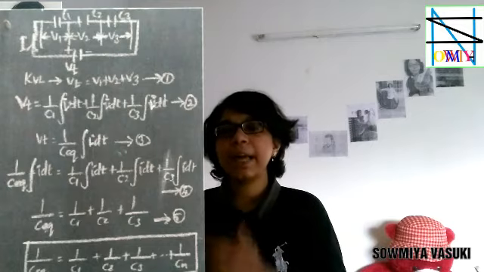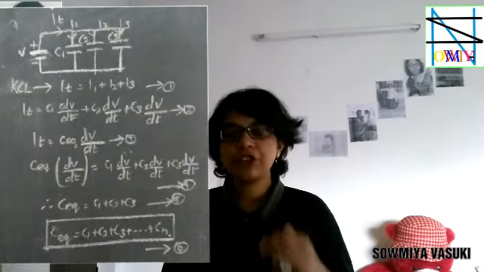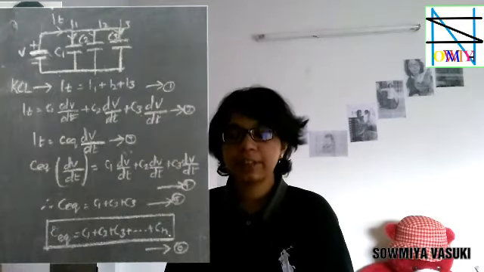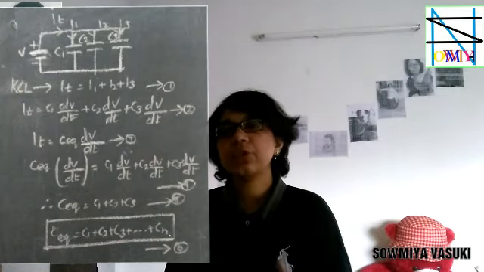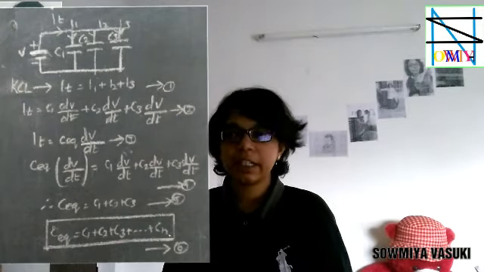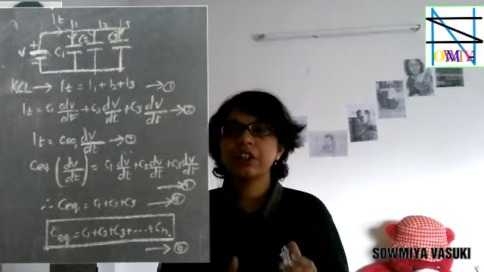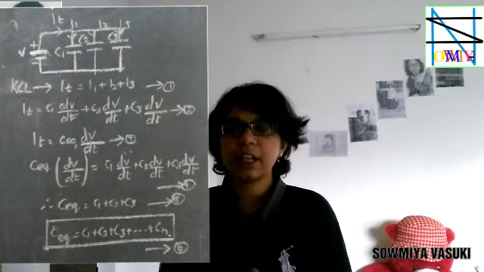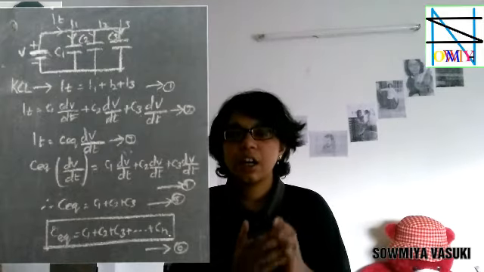Capacitance in parallel. Applying Kirchhoff's current law in this network, C1, C2, C3 are considered as parallel in this network. We are using Kirchhoff's current law here.